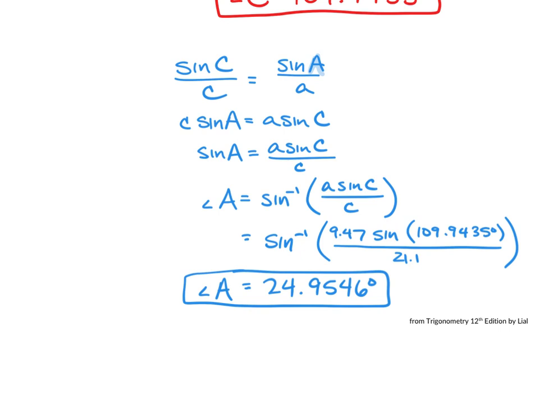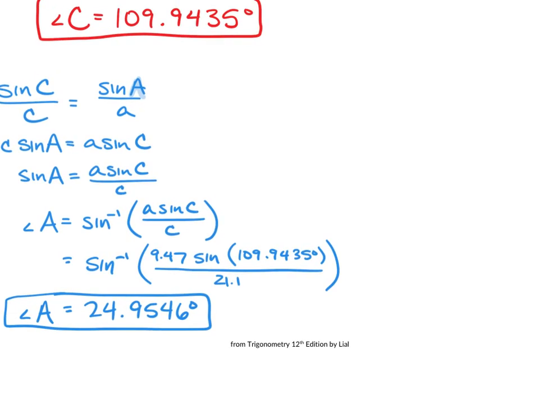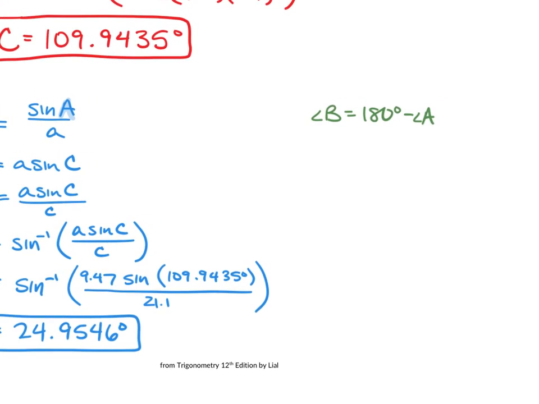Okay, so we can do this the easy way or the hard way. Now that we have two of the three angles, how do we find the third? 180 minus the other two angles. I'm just going to slide to the side since I already ran out of space. We're going to find that angle B would be found by doing 180 degrees minus angle A minus angle C. So we have both those numbers.